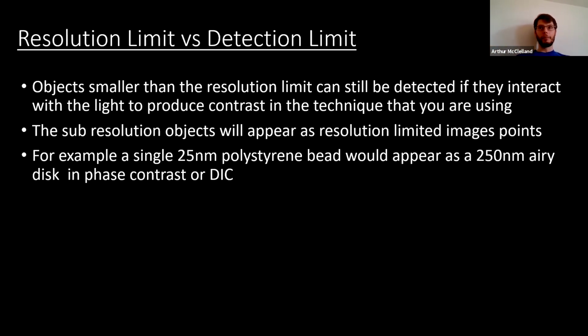Similarly with carbon nanotubes or things like that, you can't resolve them, but you can detect that they're there. The important thing to take away is that I can detect if there's a quantum dot there, but I can't tell you if there's one quantum dot or two quantum dots.